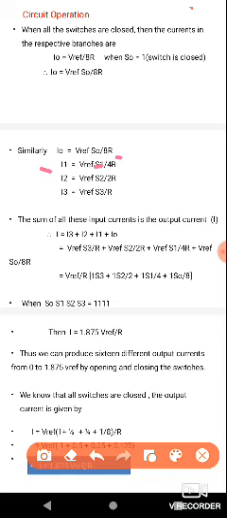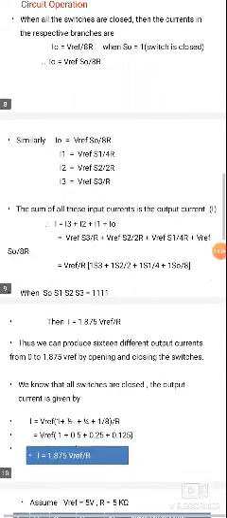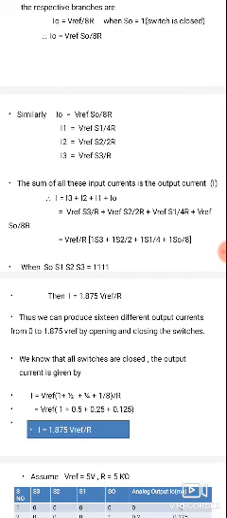So I1 equals V reference into S1 by 4R. Next, I2 is the current across the switch S2. Whenever S2 is closed, the I2 current is passed to the circuit. I2 equals V reference into S2 by 2R.